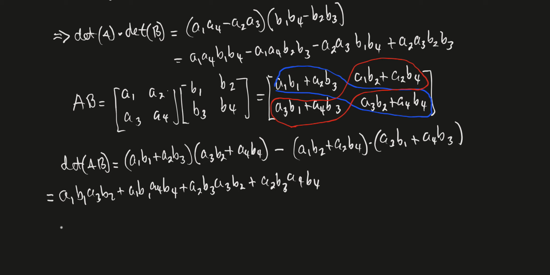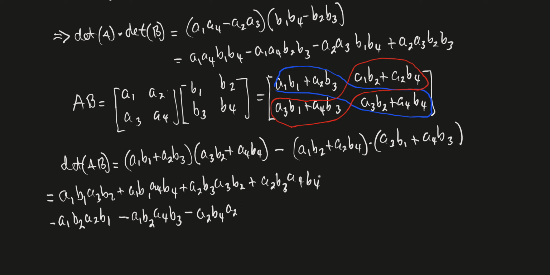So it might be useful to put the negative terms down here. We're going to have a negative A1 B2 times A3 B1, so minus A1 B2 A3 B1, and then minus, now let's take the first and the last, A1 B2 and then A4 B3, and then minus, now the inner ones, A2 B4 times A3 B1.